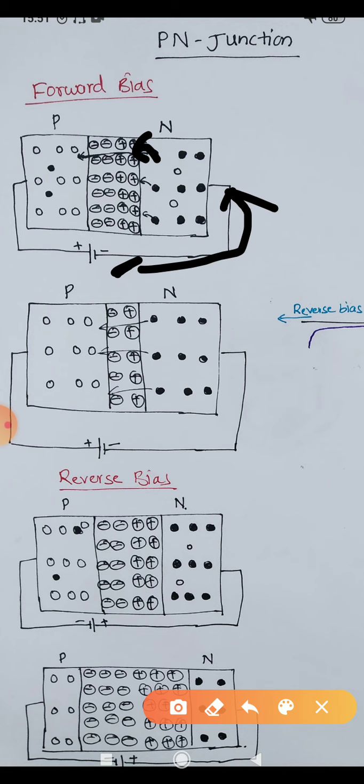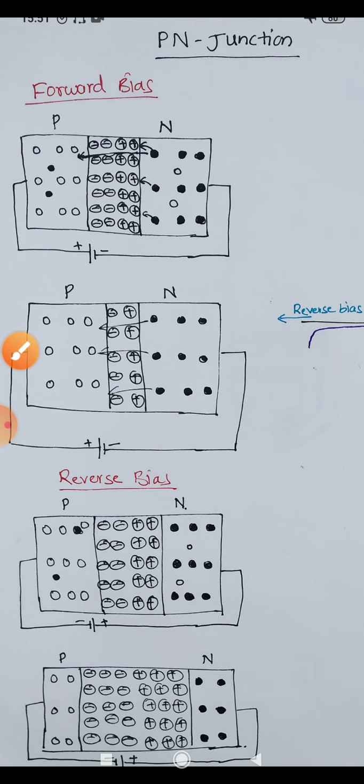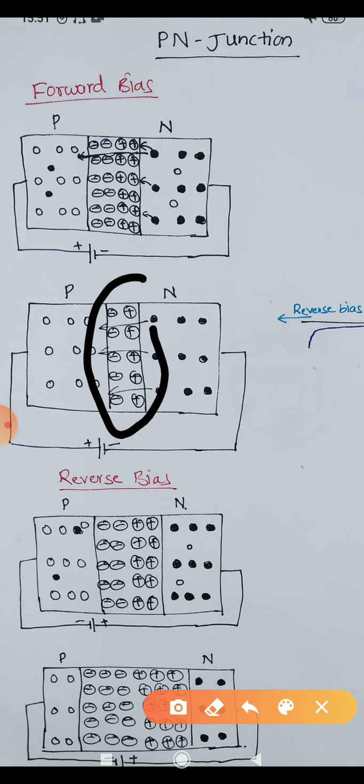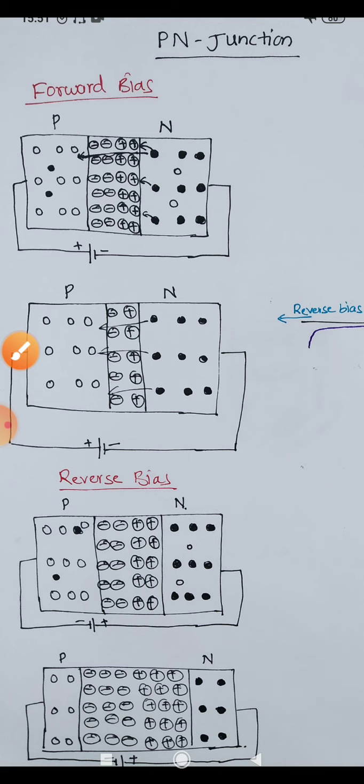Then because of that, the positive charge on N side reduces. In a similar way, the negative charge on P side also reduces. As a result, the whole potential barrier reduces. The depletion layer thins. When the depletion layer width is decreased, then the electrons on N side can easily diffuse to P side.